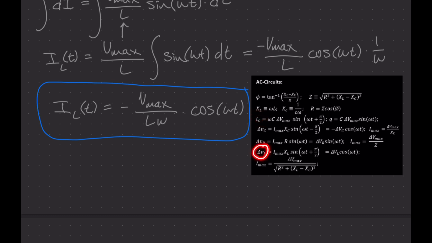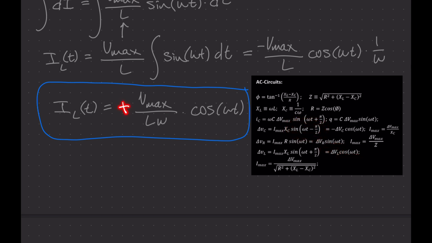All I see is delta VL. And I can see here I have Imax X subscript L, Imax X subscript C. Very similar stuff compared to the capacitor. And here we have sine omega t plus pi over 2, sine omega t minus pi over 2. And here we actually have this cosine function, except there's no minus sign.